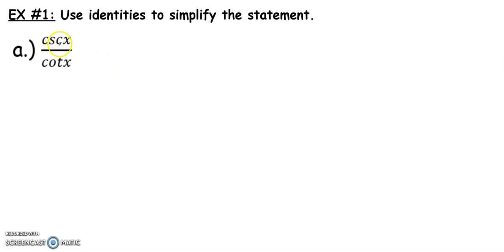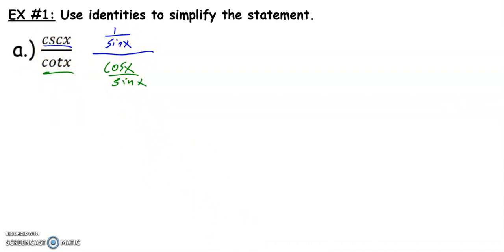So if I take cosecant x, I can write that as 1 over sine x. That's going to be all over cotangent x. Well, cotangent x is cosine x over sine x. So cotangent I put in green and cosecant I put in blue.